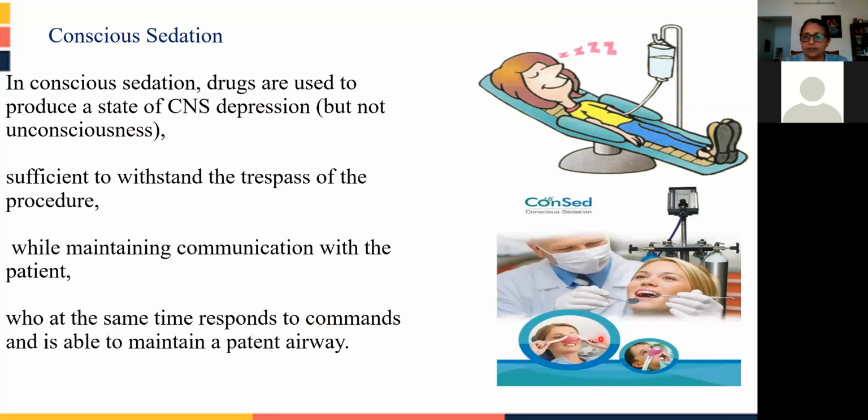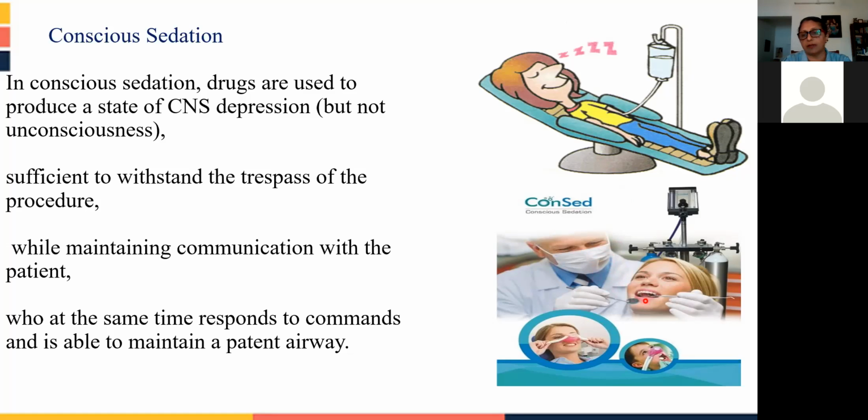For short procedures, for example some dental procedures like RCT, small procedures, these drugs will be given. It causes a CNS depression, and the patient will not feel the pain or anything. At the same time, he or she will be awake, and the doctor can communicate with the patient, but the patient won't feel the procedure.